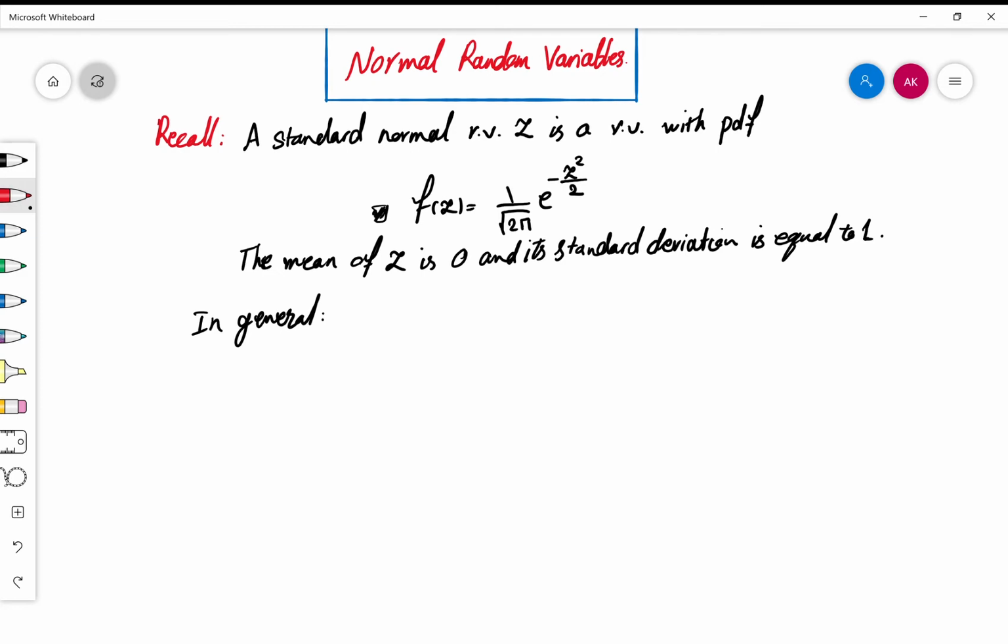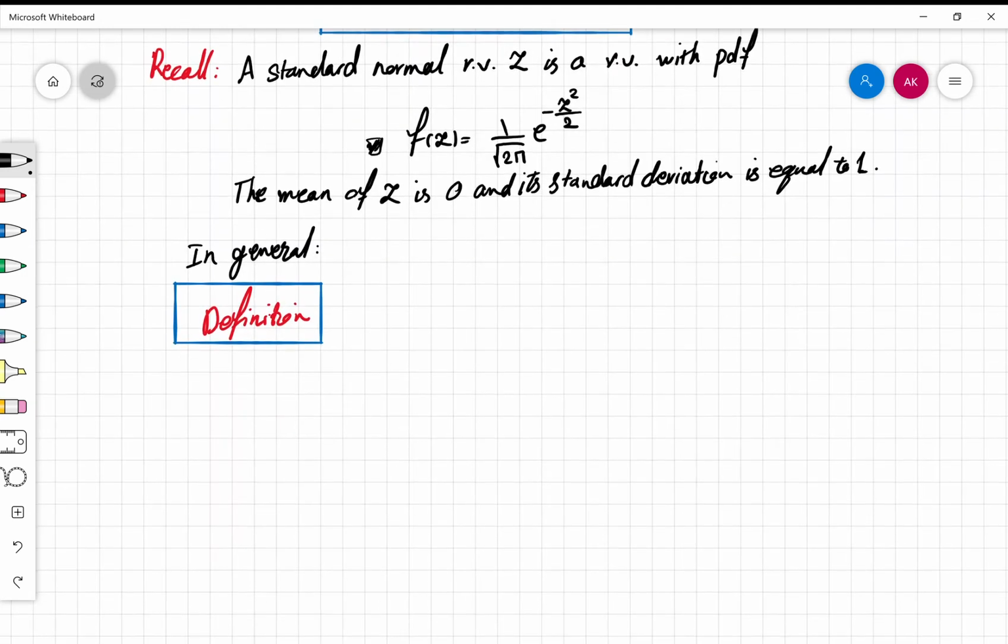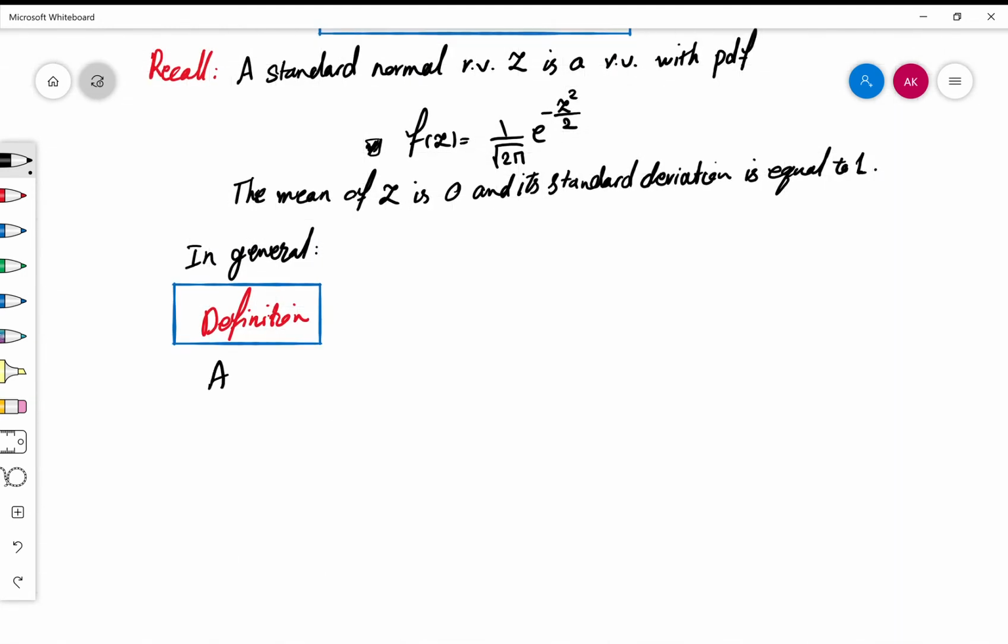Let me put this as a definition. If we start with a random variable Y with PDF, you see, the PDF of the normal random variable is a number times e to the power minus something squared over 2.